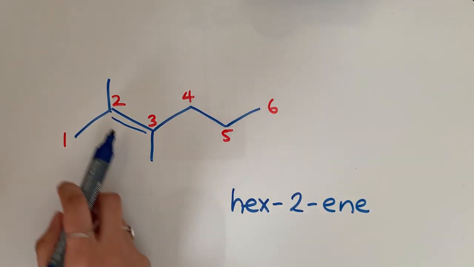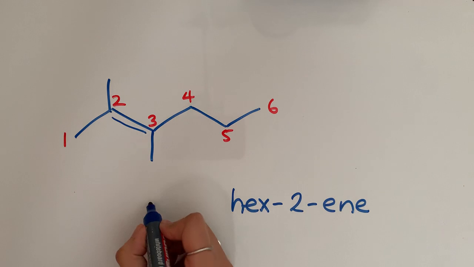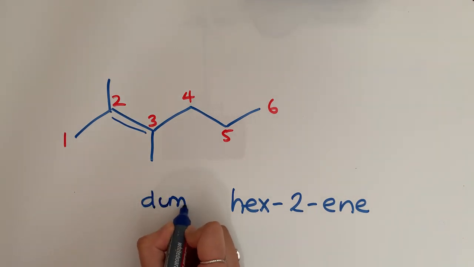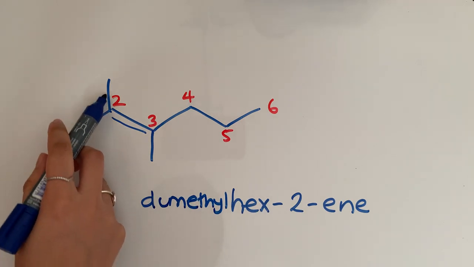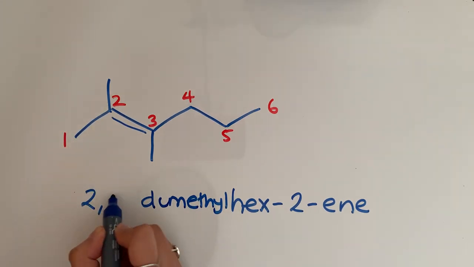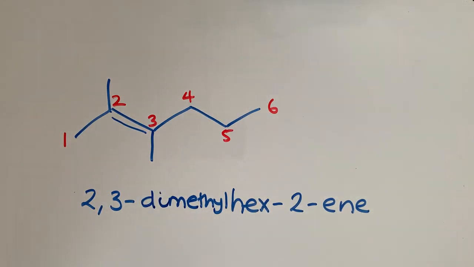We've now got 2 methyl branches. If you remember, if you've got 2 methyls, it's going to be dimethyl, and you've got to say what numbers they're on. So these are coming off of 2 and 3, so this is 2,3-dimethylhex-2-ene.